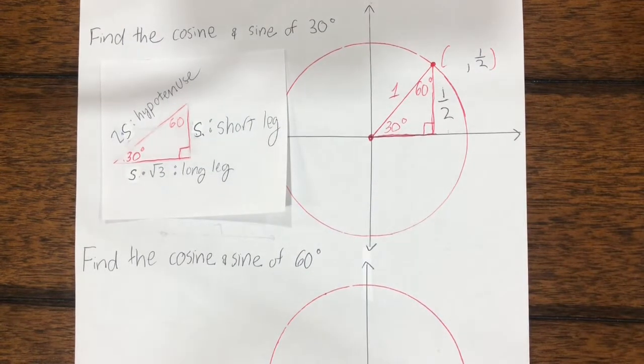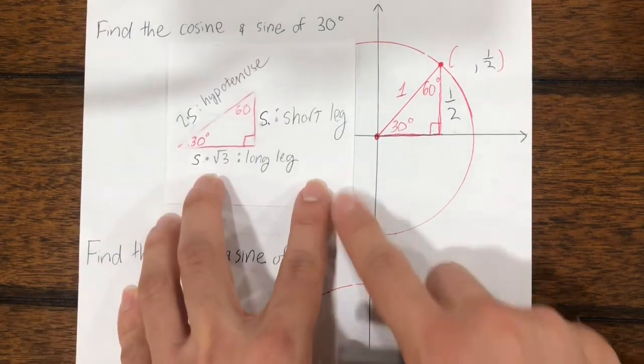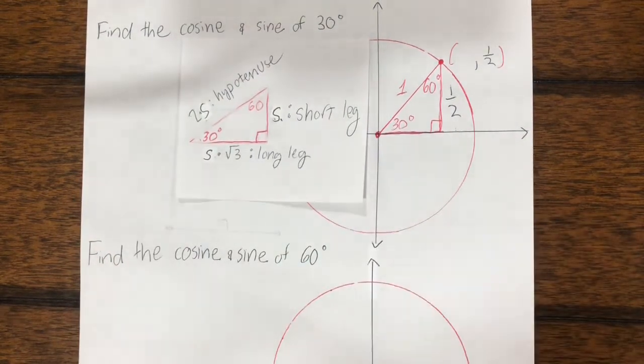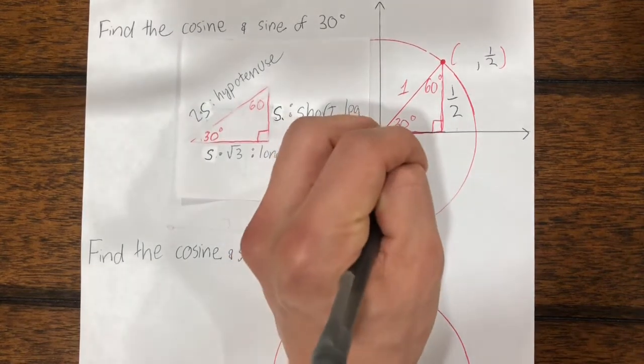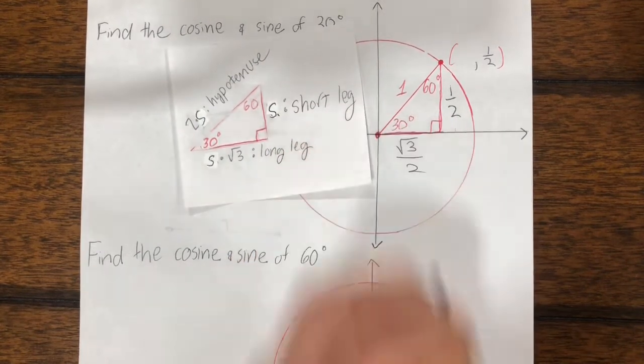All right. So now that I have my value for the short leg, I can go ahead and multiply this 1/2 by √3. So I have 1/2 times root 3. All you need to do is multiply the 1 and the root 3, and then you should get root 3 over 2.